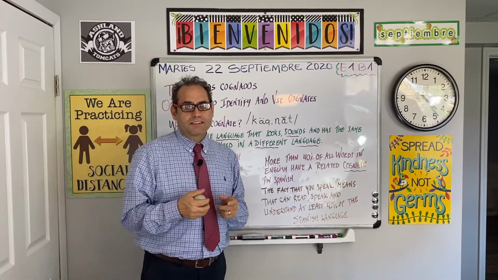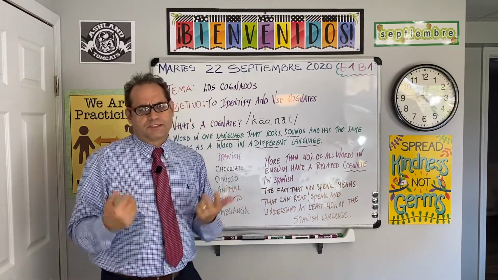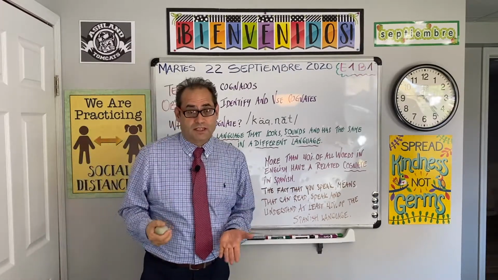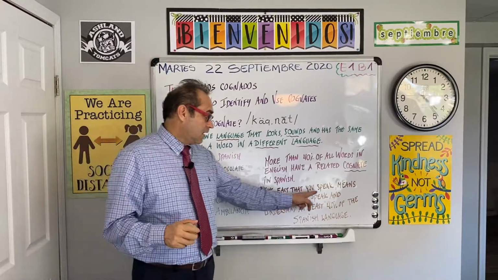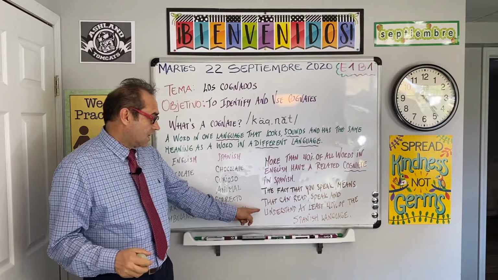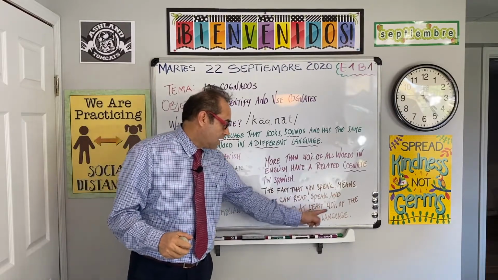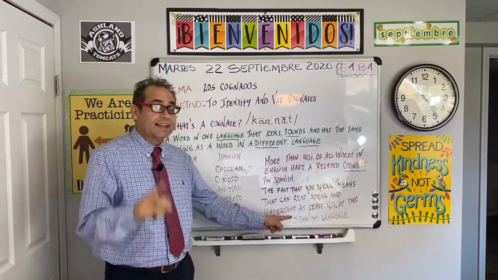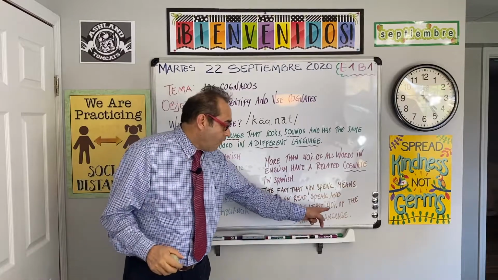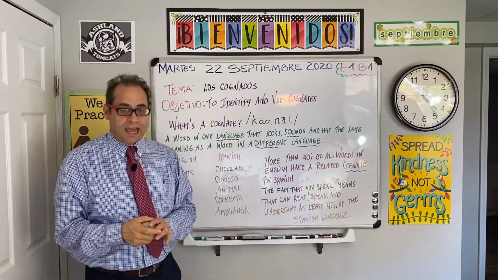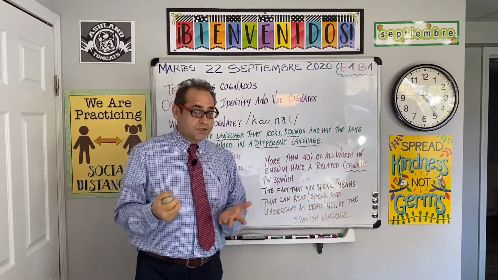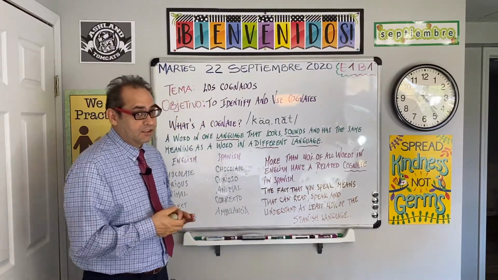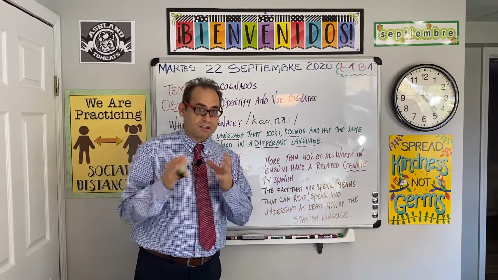Well, it means that when you come to me and say, oh, I don't understand any Spanish, I don't know how to speak this Spanish, but let me tell you, the fact that you speak English means that you can read, speak, and understand at least 40% of the Spanish language. So take that tip, because 40% of the words in English are Spanish cognates.